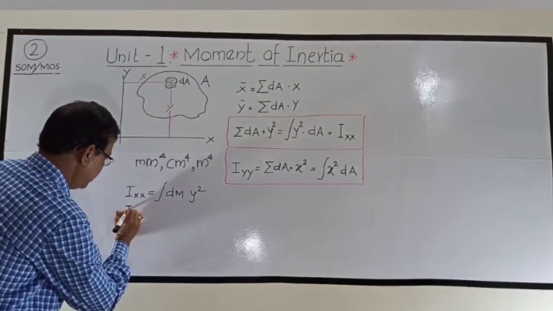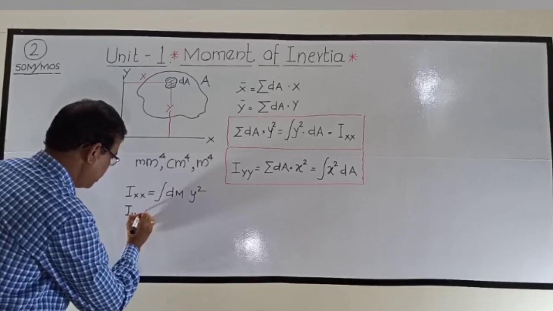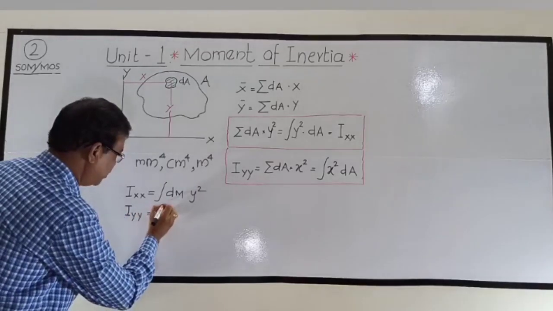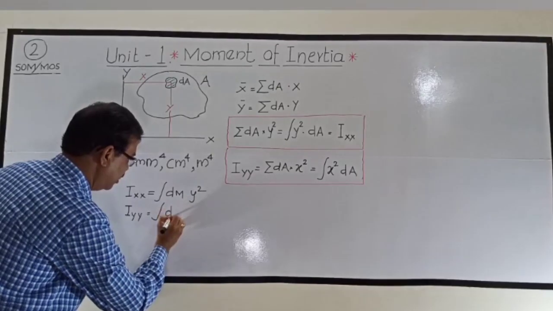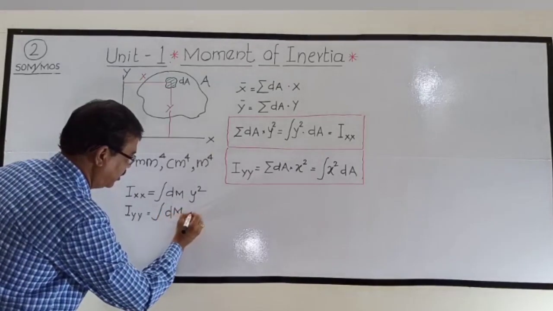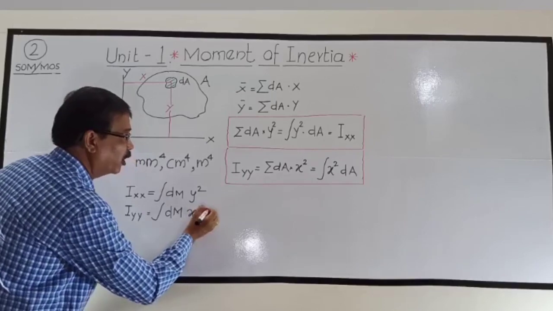Similarly, mass moment of inertia about the y axis will be integration of dm into x square.